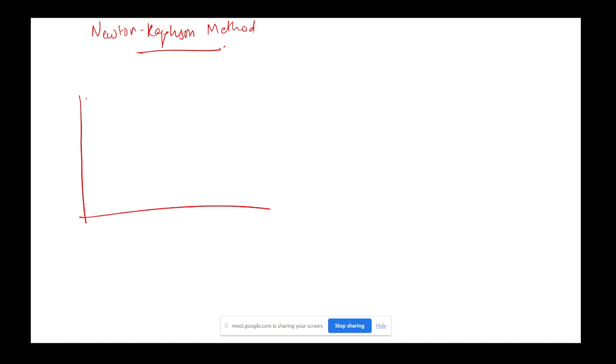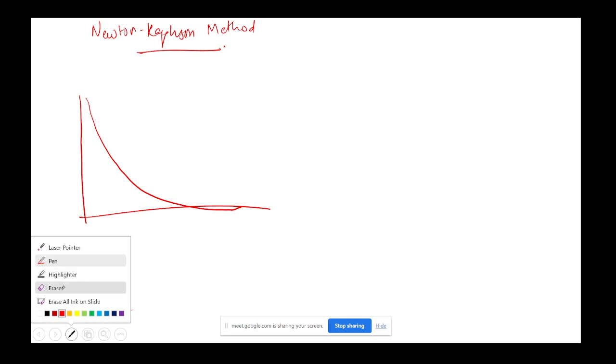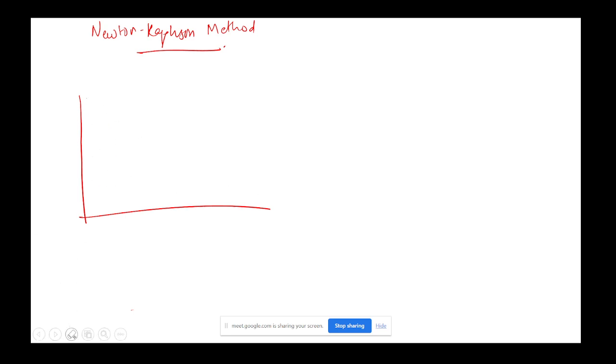So what is Newton-Raphson method? Say for example, you have this curve, and it is nothing but y equals f of x.